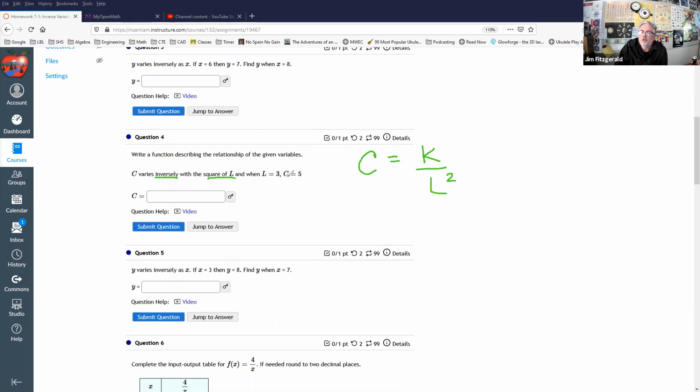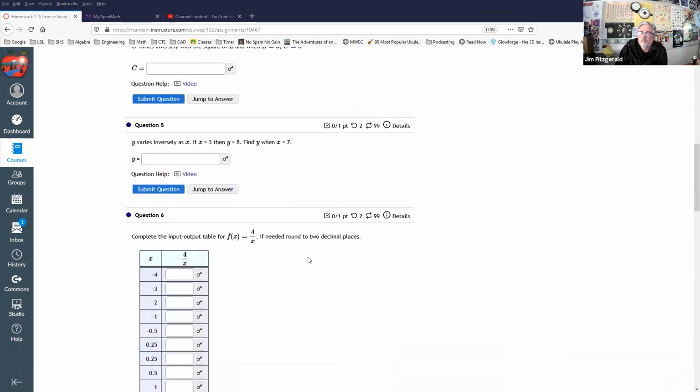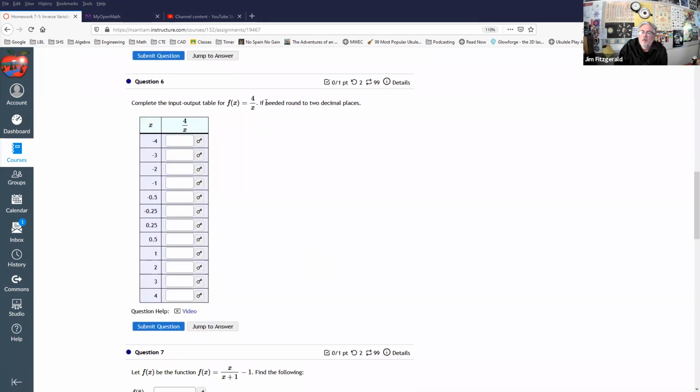And so you plug in C and L and figure out what k is, and then you can write that equation out. On this one, they're just asking you to fill out that table of values.